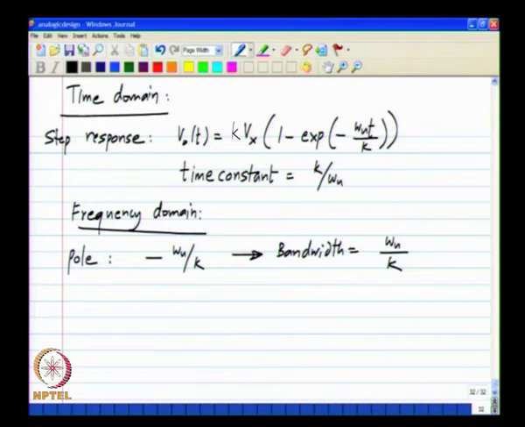Now, we have analyzed each of these aspects and we know exactly how it comes about. Certainly, we know that if you increase omega u, the time constant reduces and the bandwidth increases, and this we also know why, because a higher omega u means a faster integrator and the response to a step will be faster if you use a faster integrator.